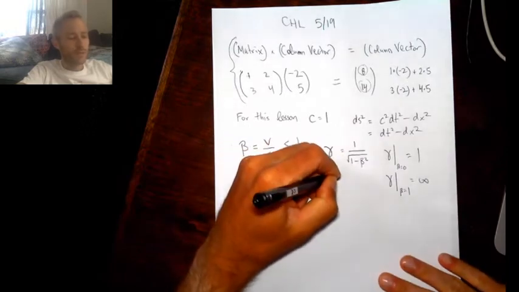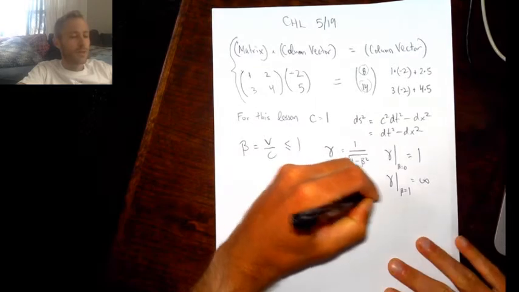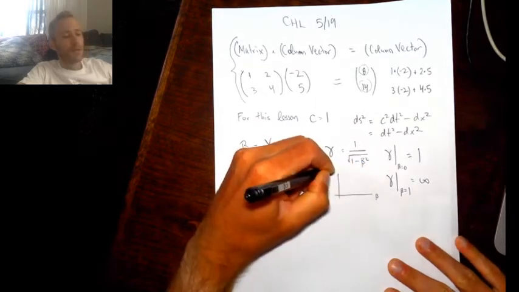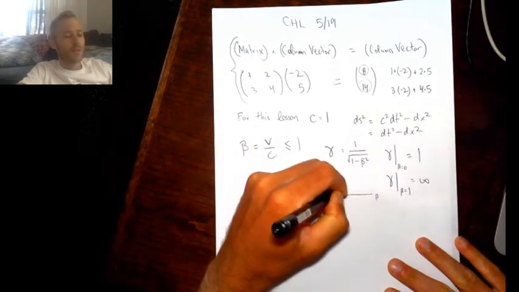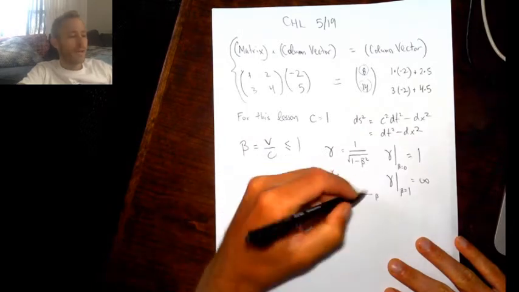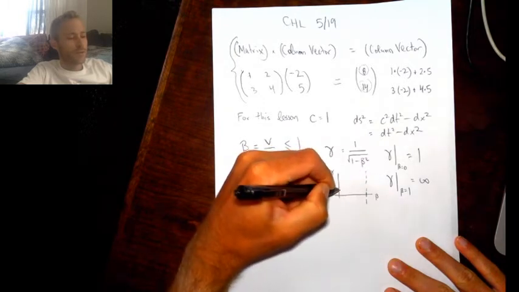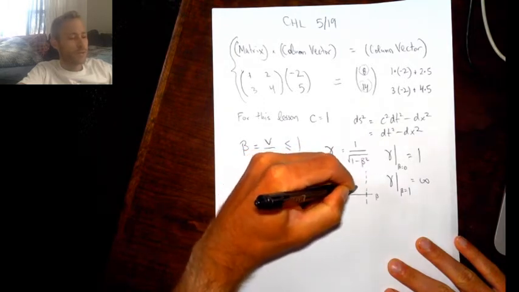Okay, so if we were to look at gamma versus beta, it starts out at a value of 1. And then as you approach the speed of light, it has a vertical asymptote like this.